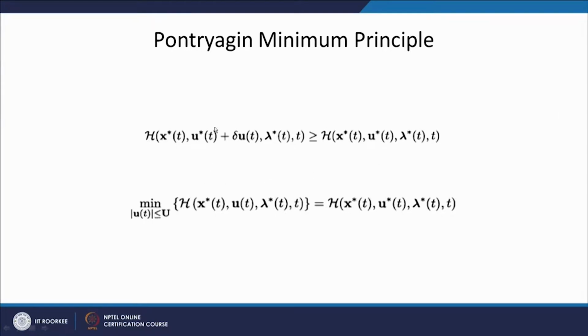So, this means we can minimize the Hamiltonian determined at a given u to get the minimum of my H.